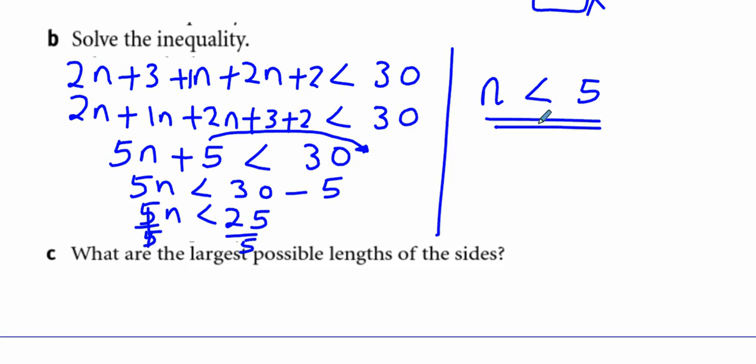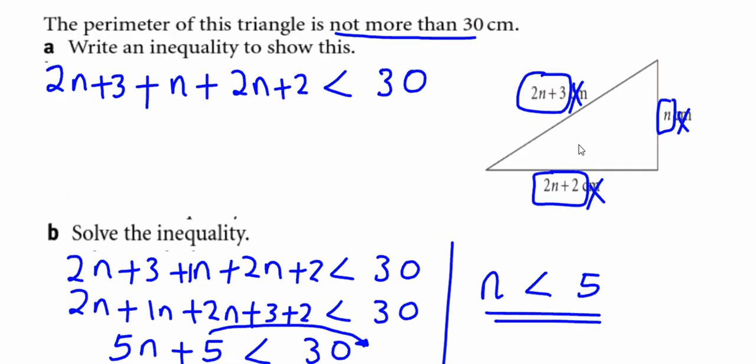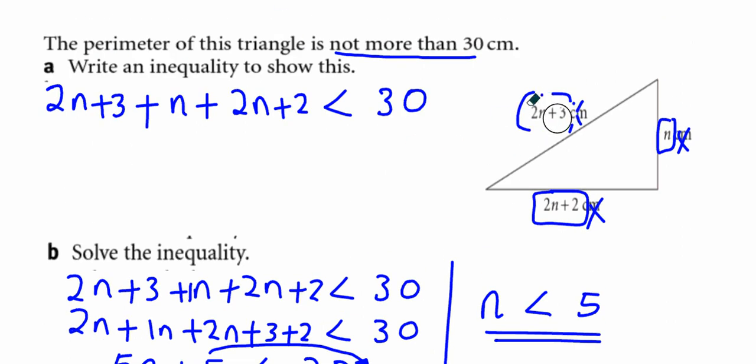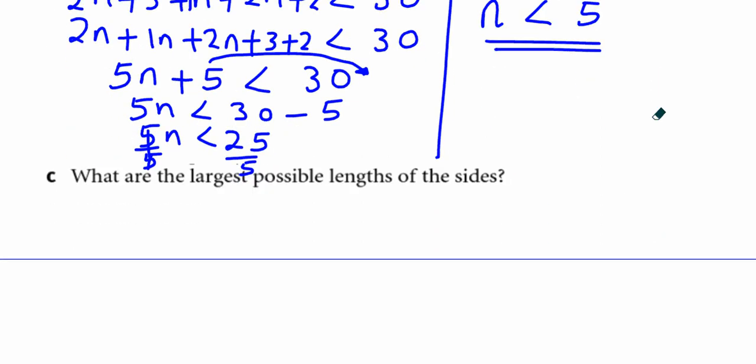Now, we have got n is less than or equal to 5. Now, what next? Let us see part C. What are the largest possible lengths of the sides? We got n is less than or equal to 5. But what does n stand for?